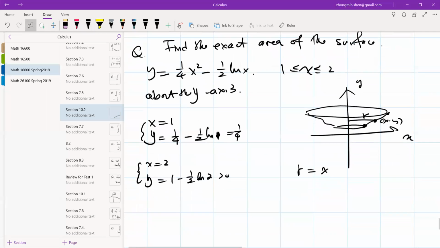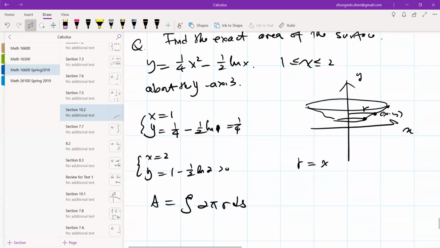So ds is going to be, write down the formula first for why you have to find the ds, right? Because the area is going to be the integral of 2 pi r ds. So you have to decide which variable you're going to use. You can have two choices. You can use dy, you can use dx.